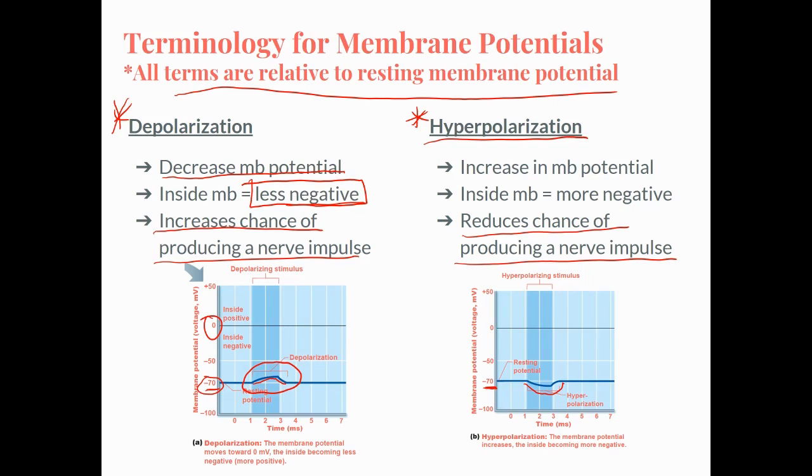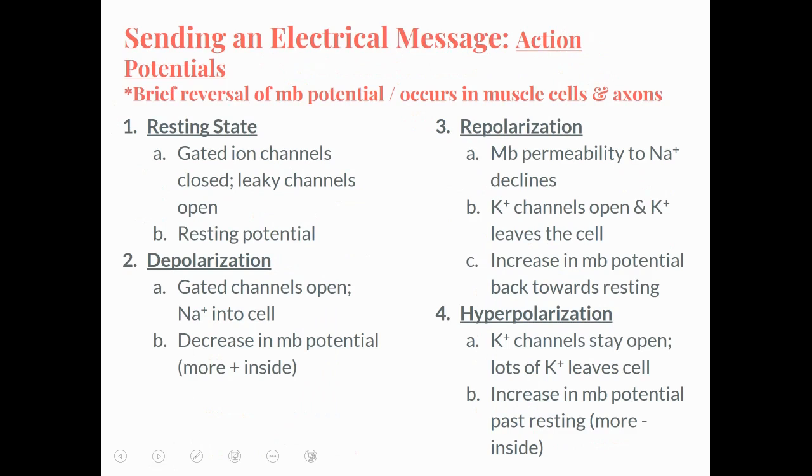So these impulses get sent when there's depolarization. Hyperpolarization reduces the chance of a nerve impulse. These are just some notes, and this is how action potentials are sent. We'll look at these in a graph in a second.